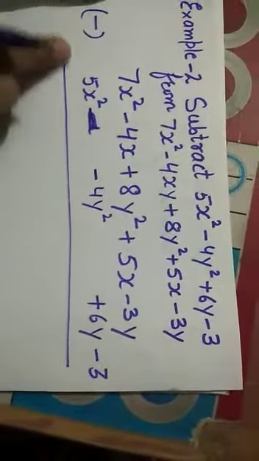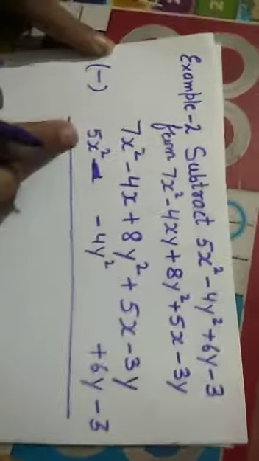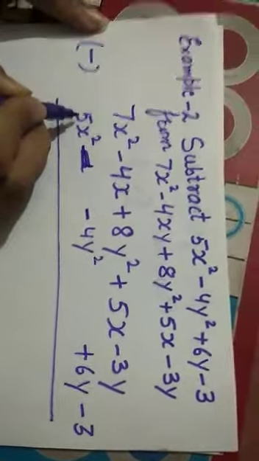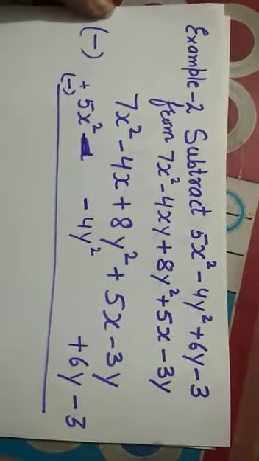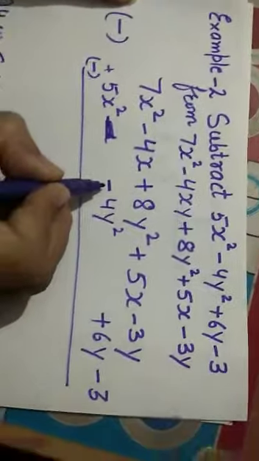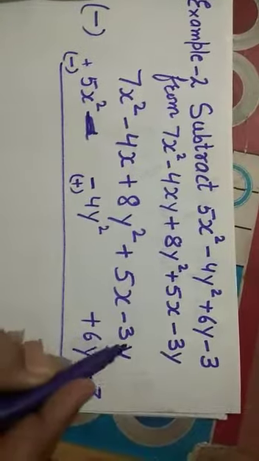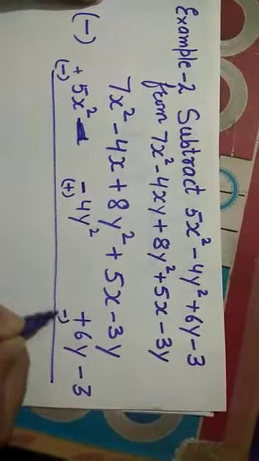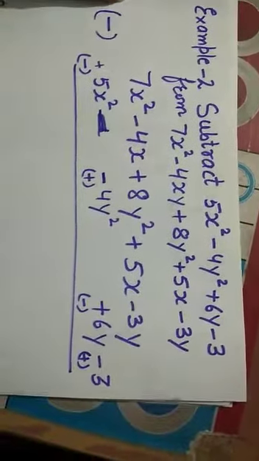But for the subtraction there is one more thing which you have to do. You have to change the sign of the second expression which we have written below. This first one is positive, so it will become negative. This is negative given to you, so this will become positive. Now this one positive, sign change, negative, and this one will become positive.